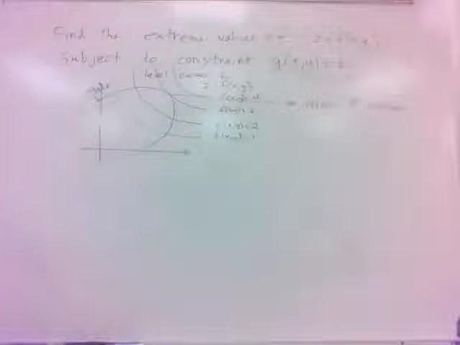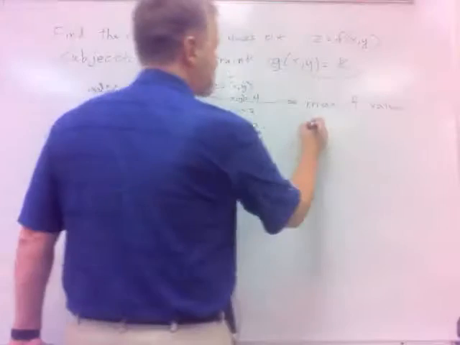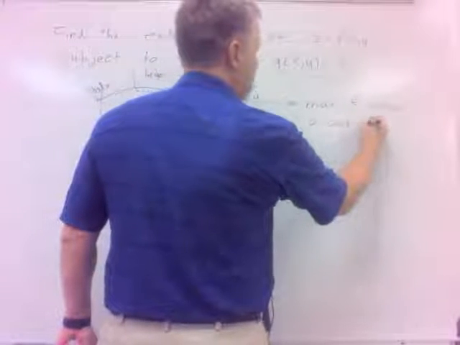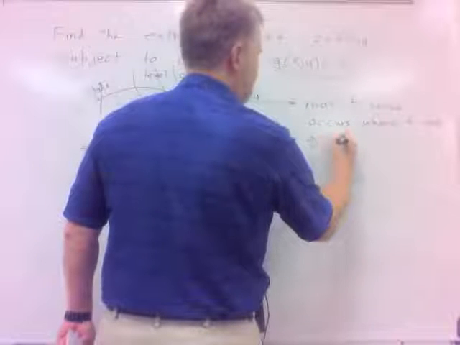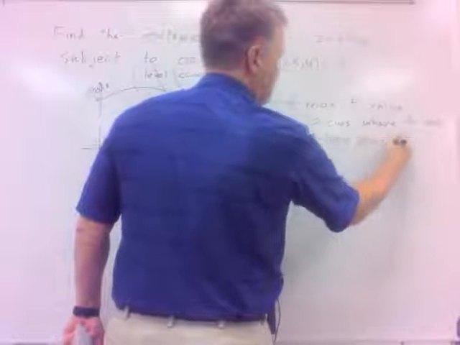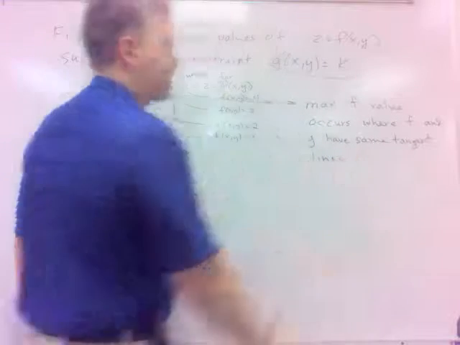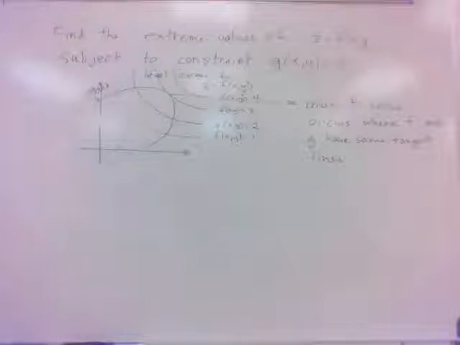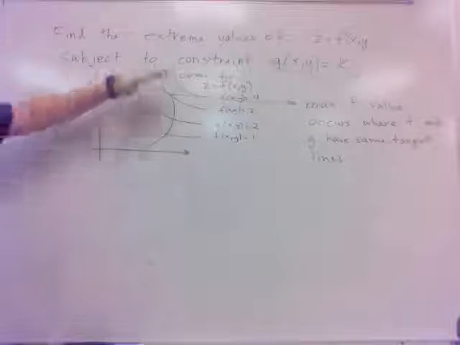Now, that's where they intersect, but what even more could we say about where those occur? Don't they have the same tangent lines? Yeah. Same tangent lines. The maximum is where they have the same tangent lines, because up here, the tangent line for G is different than the tangent line for F. Same thing here.